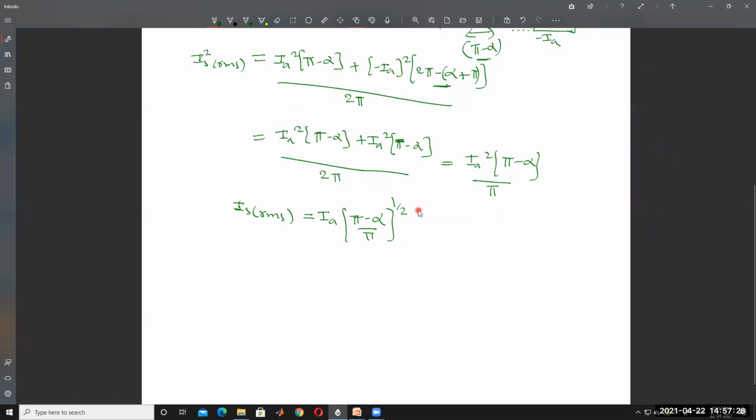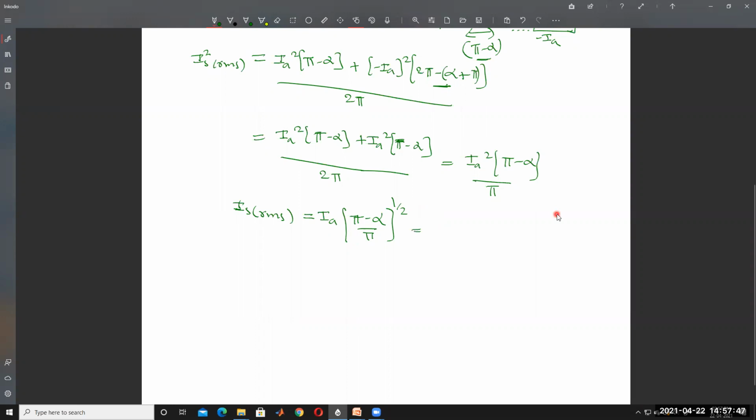By using this expression, we'll get IS RMS. Substitute here IA as 16 amps, and alpha is 73 degrees. Convert into radians.